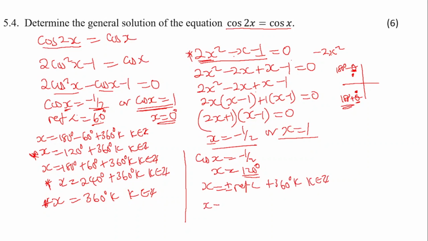So it's going to be x is equal to 120 degrees plus 360 degrees times k, where k is an integer, or x is equal to -120 degrees plus 360 degrees times k, where k is an integer.